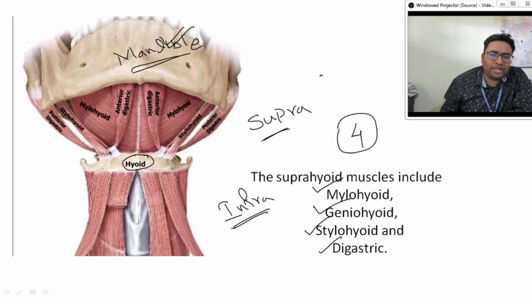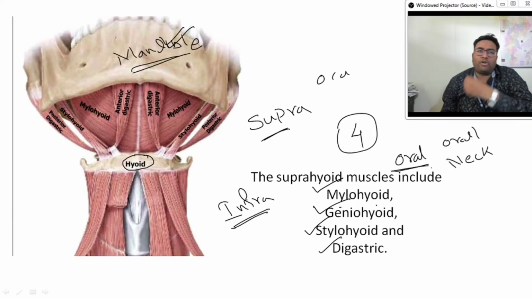That is also known as the oral diaphragm. It divides the oral cavity and the neck. It is the partition between the oral cavity and the neck, that is the mylohyoid muscle. Now the geniohyoid muscle.